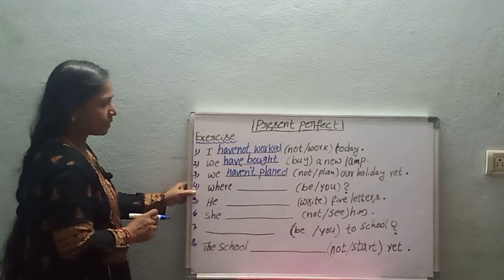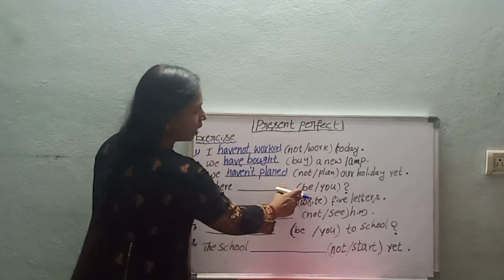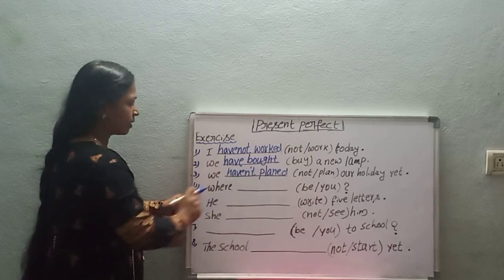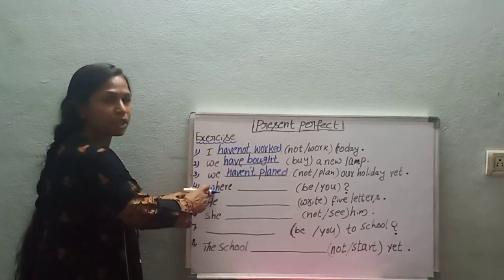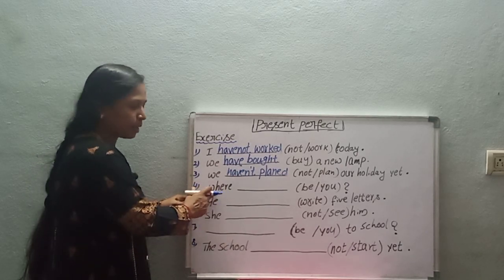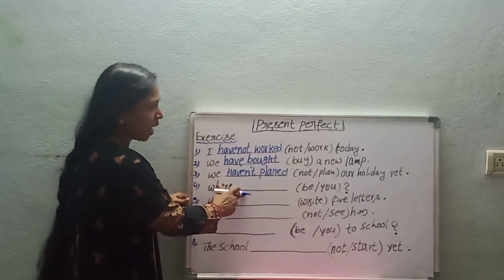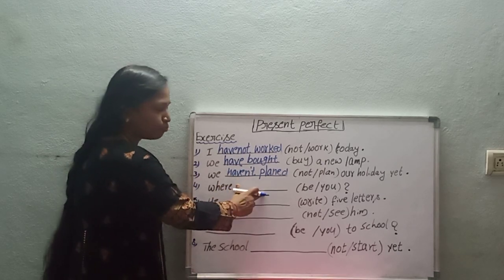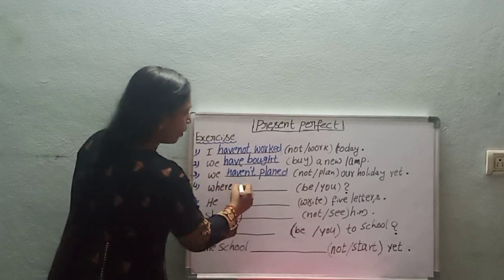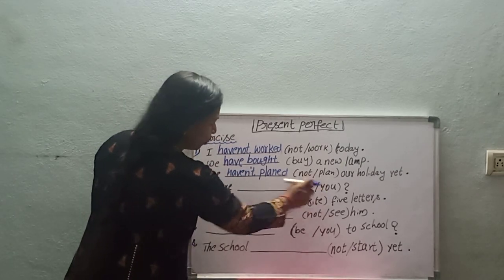In the fourth example, "Where be you?" There is a question mark at the end of the sentence, so it is a WH question. What is the structure of WH questions? WH form, have or has, subject, plus the third form of the verb. So what do we use for you?